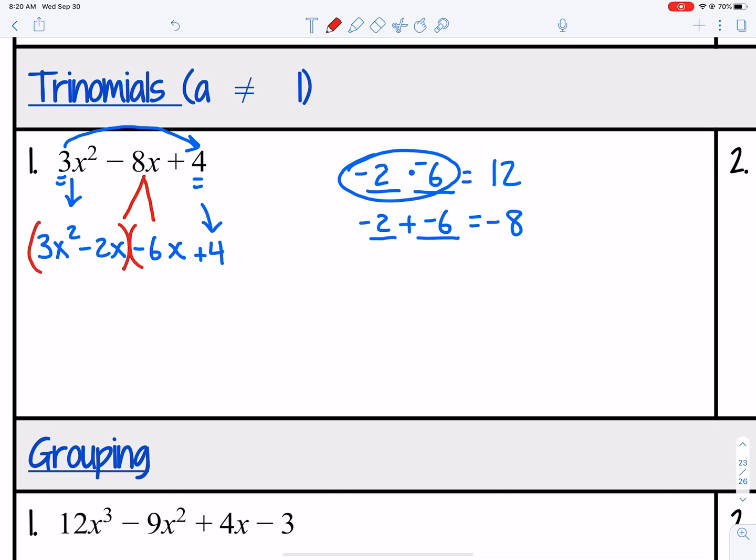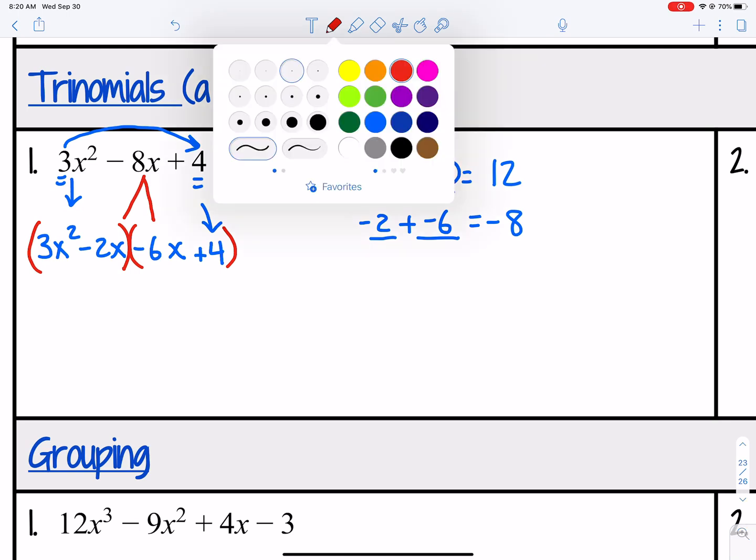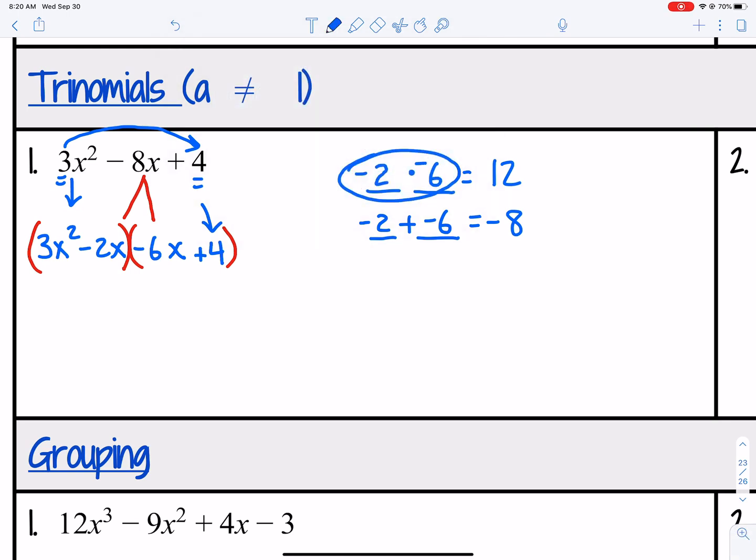So let's group the first two terms and group the last two terms and take out the greatest common factor from each group. In my first group of terms, I could take out an x, and I would have 3x minus 2 left over. And in the second group, I need to take out a -2, and then I have 3x minus 2 left over again.